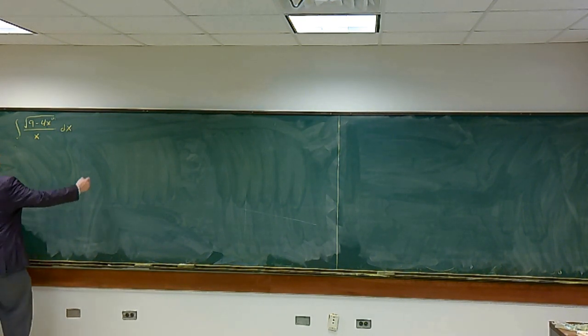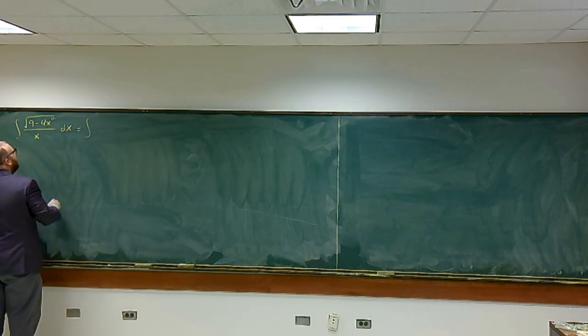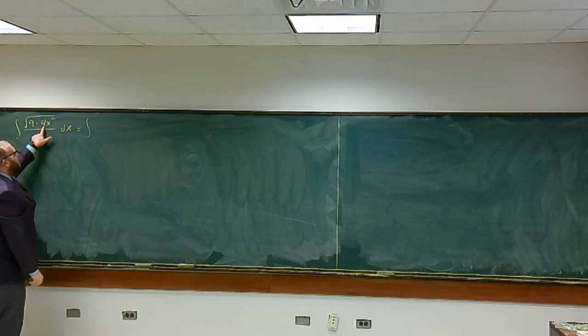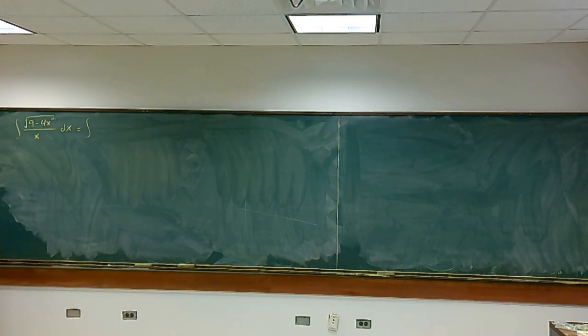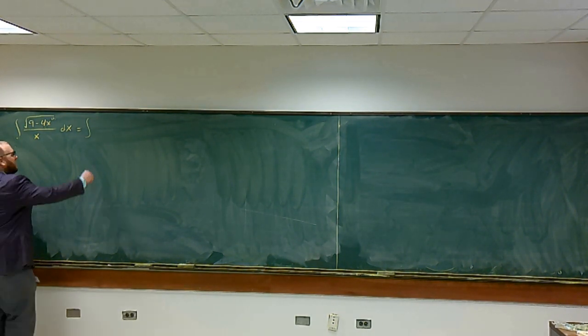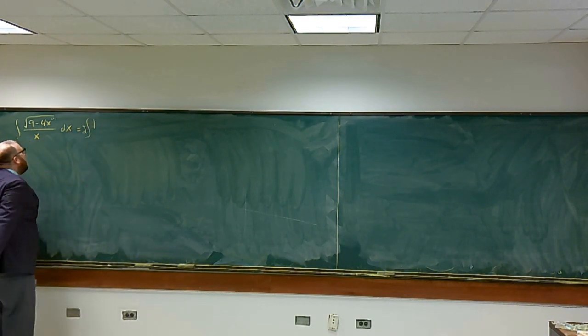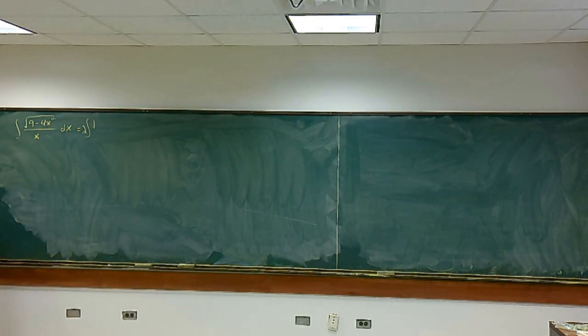Second way, and the way that I typically go, factor out 4 from under the square root. What's the square root of 4? 2. What do you get when you factor 4 out of 9? 9 over 4.